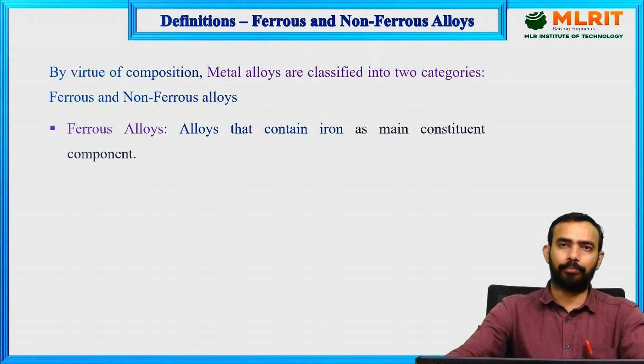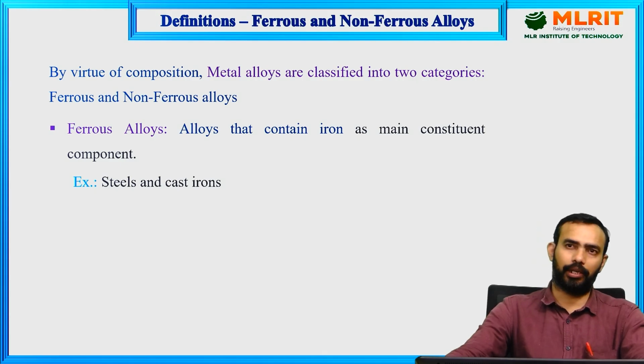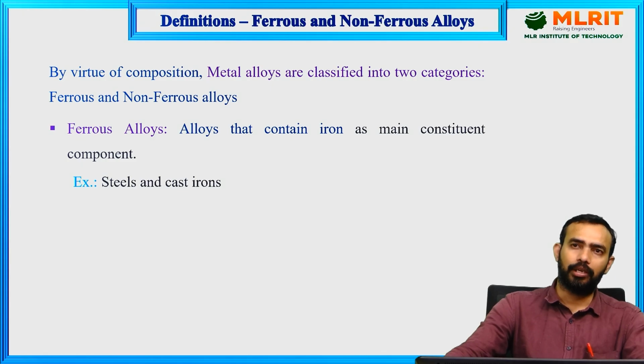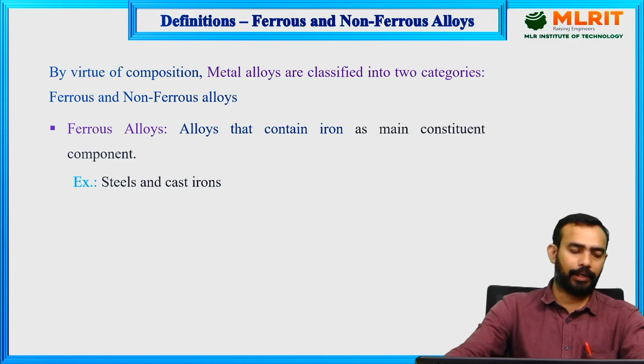So iron is the base metal in the alloy. Such kinds of alloys are called ferrous alloys. For example, steels and cast irons. Steel is a mixture of iron and carbon, iron being the base metal. In the case of cast iron as well, iron is the base metal and carbon is the primary alloying element.